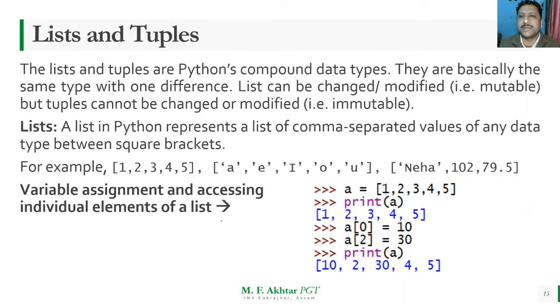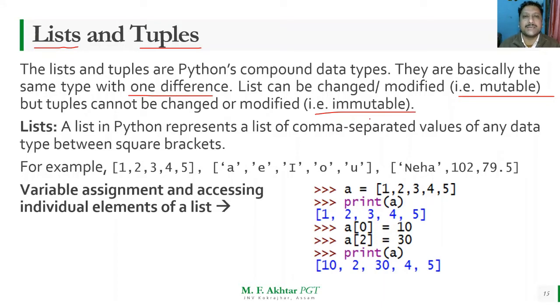Lists and tuples. There are another two different data types in Python, that is list and tuple. They are almost the same, but there is some difference. The list and tuple are Python's compound data types. They are basically the same type with one difference. A list can be changed, modified, that is, it is mutable, but a tuple cannot be changed or modified, that is, it is immutable.